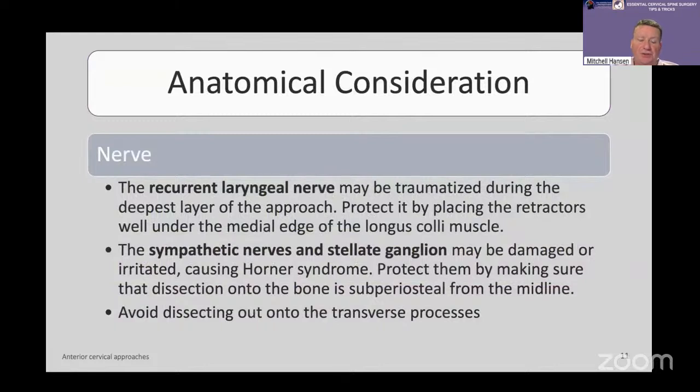Some of the nerve issues: the recurrent laryngeal nerve is probably the one that gets the most publicity and can be traumatized during the deepest layer of the approach. Trying to protect it with the retractors once you're under the medial edge of the longus is one thing to do. The other thing to try and protect when I'm looking at anterior surgery and reduce the risk of recurrent laryngeal nerve palsy is that I'll get the anaesthetist to check the cuff pressure of the endotracheal tube.